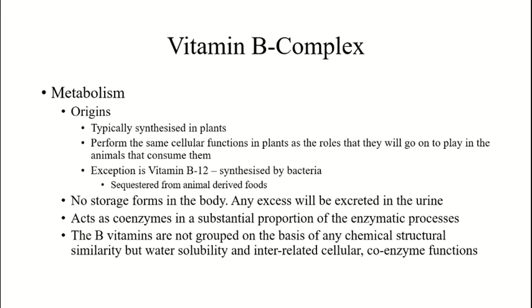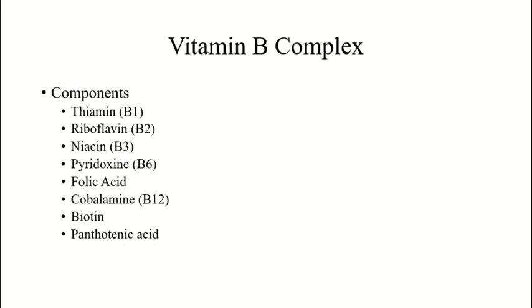They are not grouped based on chemical structure similarity, but on water solubility and interrelated cellular coenzyme functions. Okay? Right, so vitamin B complex is made up of thiamine, riboflavin, niacin, pyridoxine, folic acid, cobalamin, biotin, and pantothenic acid.